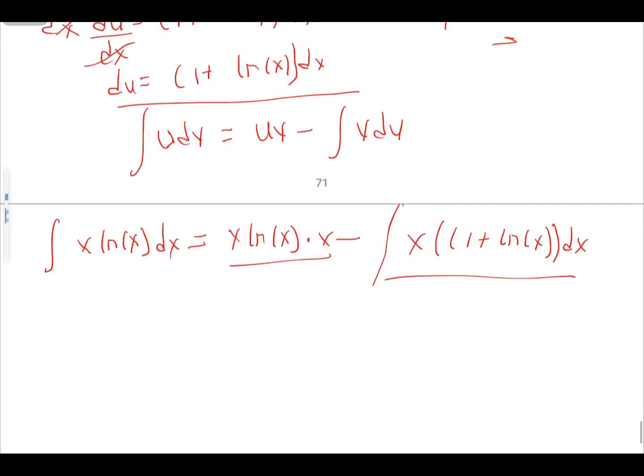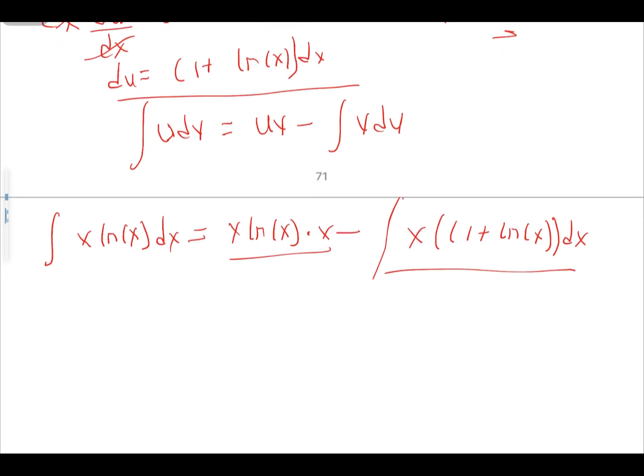Based on this, we need to evaluate the integral on the right hand side, and we can take it alone. We can decide to expand whatever is here, because this x is multiplying everything inside the bracket.